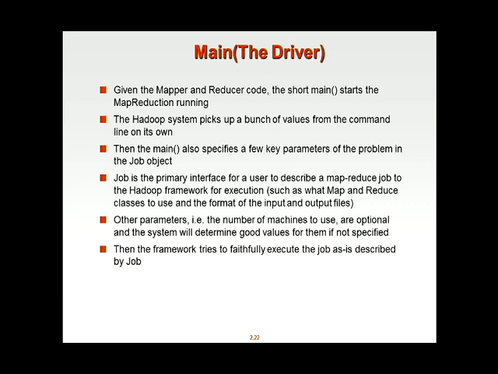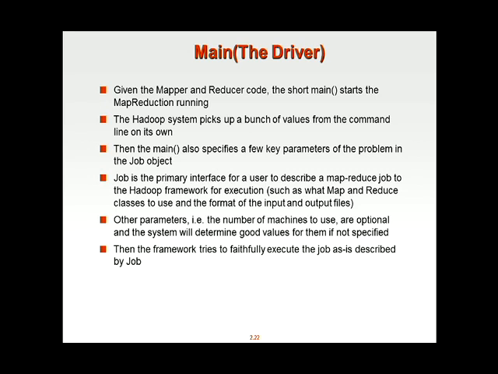So here are some more details about the main function. Given the mapper and reducer code, this main function will start your MapReduce job, and the Hadoop system will pick up a bunch of values from the command line on its own, and then this function will specify a few parameters for a job.